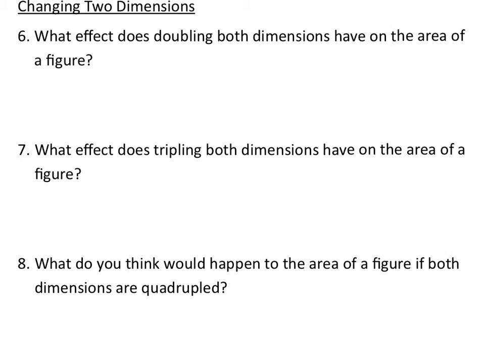So now let's take a look at what happens when we change 2 of the dimensions. The first thing we're asked is about doubling both dimensions, meaning we multiplied both dimensions by 2. Well, the area is now 4 times bigger. Take a look back at rectangle A and triangle B to see that this is true.